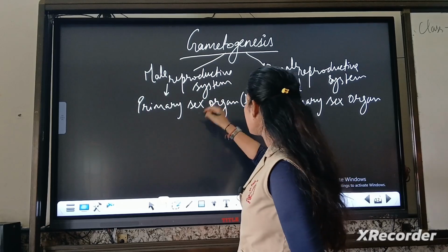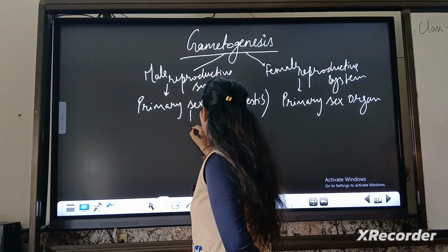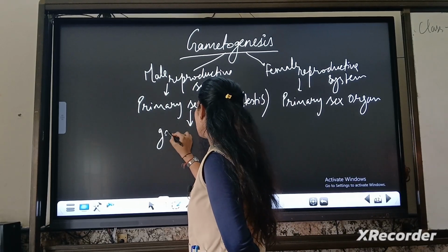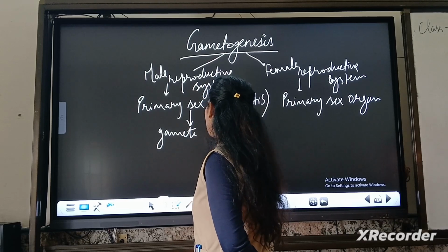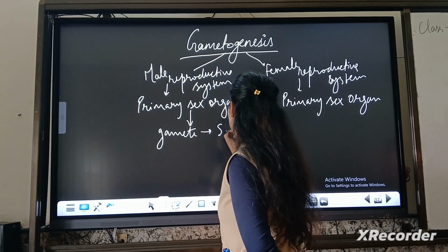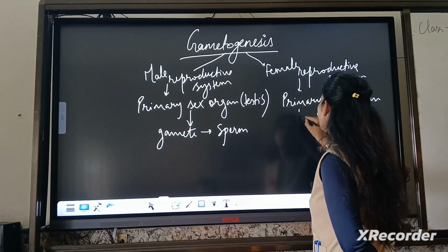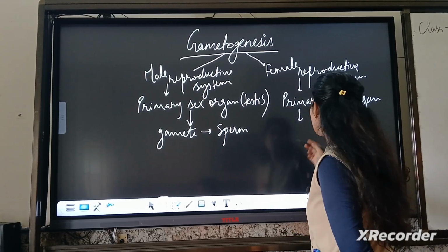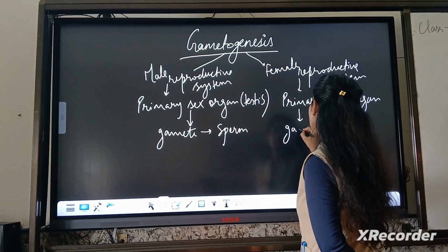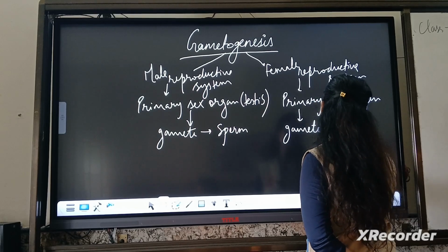The primary sex organ of the male produces the male gamete, sperm, and the primary sex organ of the female produces the female gamete, which we call ovum.